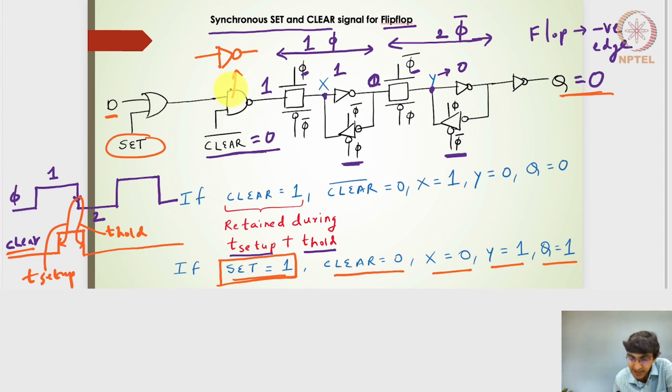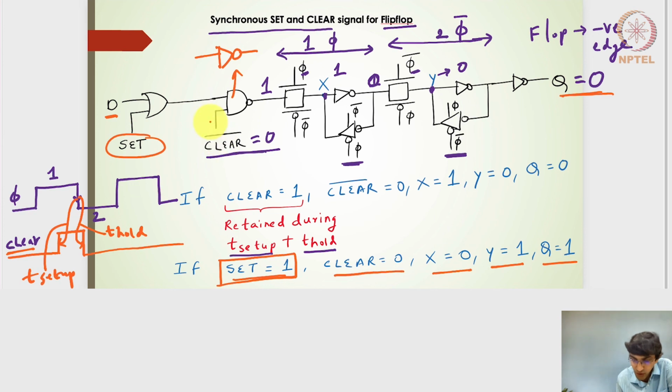Now, what we have done is this particular NAND gate is being accommodated instead of the inverter to incorporate this clear control signal. So characterizing the t setup time for these flip-flop or latch designs will be, instead of the inverter delay, the 2 input NAND delay followed by the transmission gate and followed by the inverter.